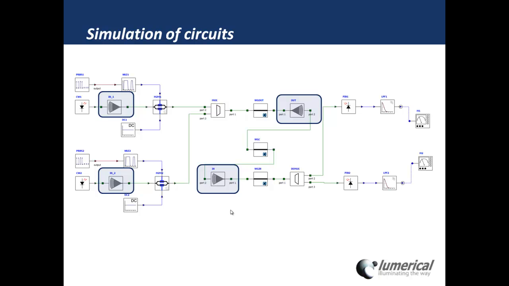So grating couplers can be an important part of these larger scale circuits, and you can imagine that if you have reflections occurring at various different points, that could have an impact on the overall performance of the circuit. In this case, it could be something that would limit the ultimate transmission speed that's possible.